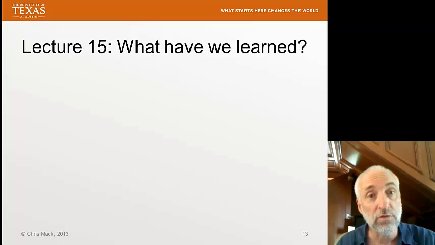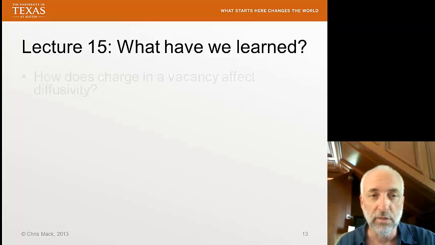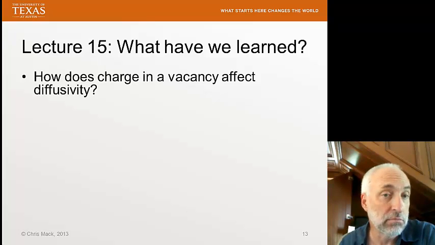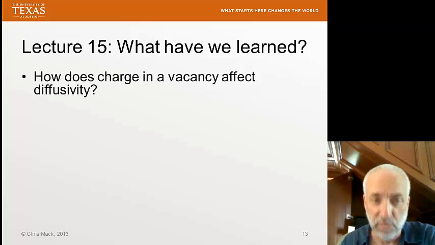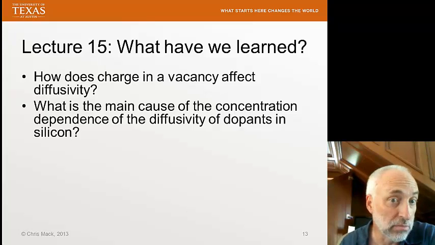What have we learned so far? You should be able to easily answer these questions. If not, go back and review the material some more. How does charge in a vacancy affect diffusivity? Diffusivity of dopants, to be specific. What is the main cause of the concentration dependence of the diffusivity of dopants in silicon?